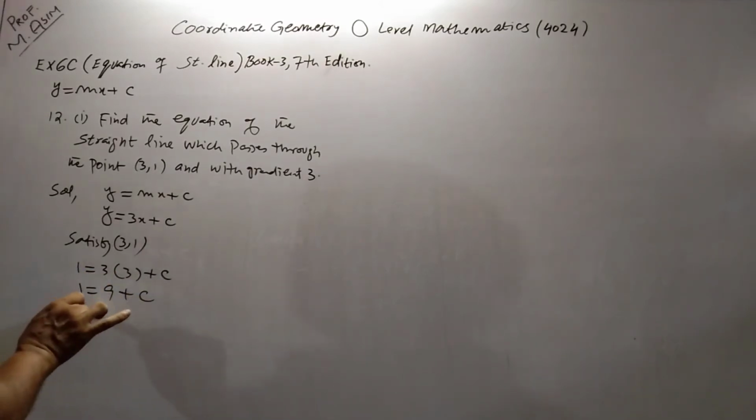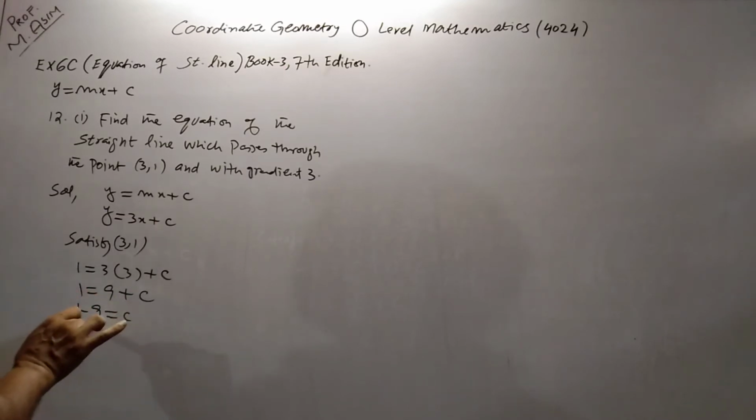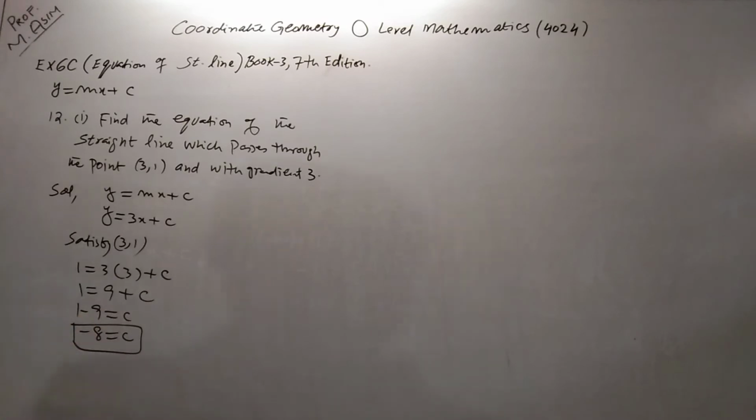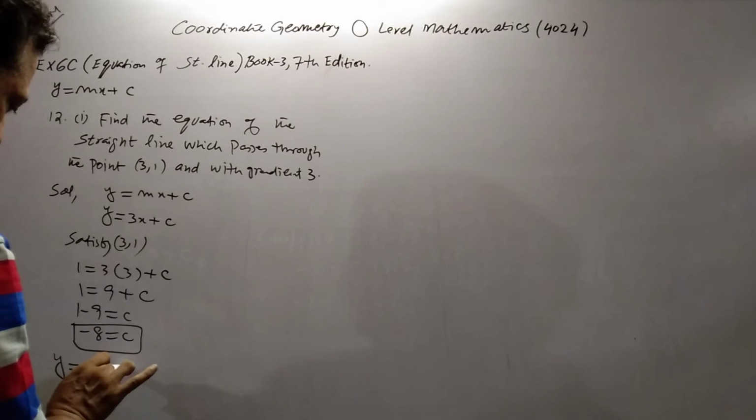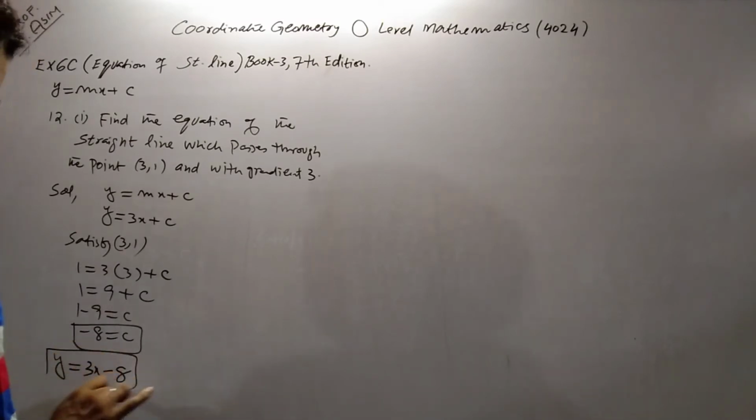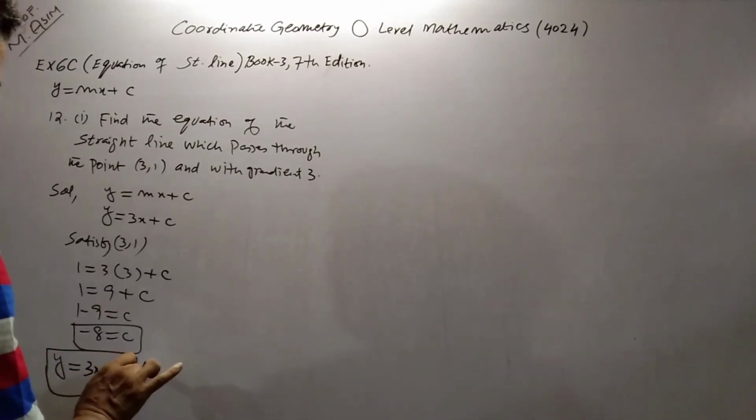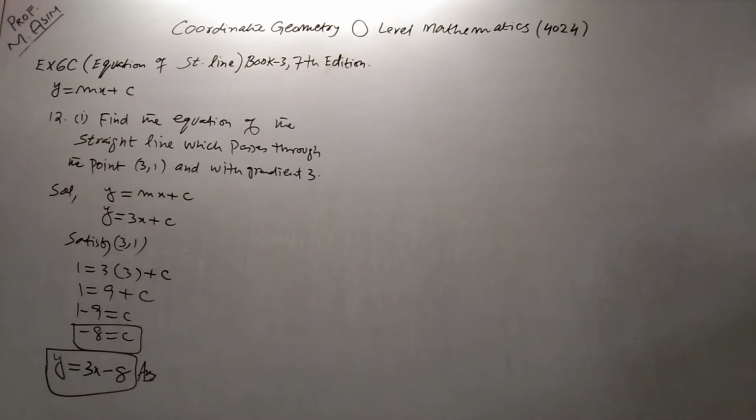Move this 9 to this side: 1 - 9 is -8, which equals c. Hence, the required equation of the straight line is y = 3x + c, where c is -8. This is our answer. Hope you understand this part completely. y = 3x - 8 is our required answer.